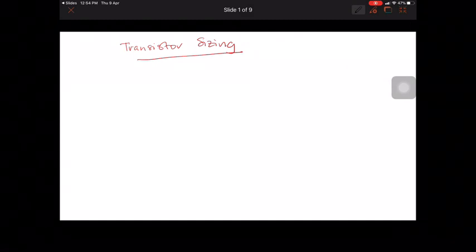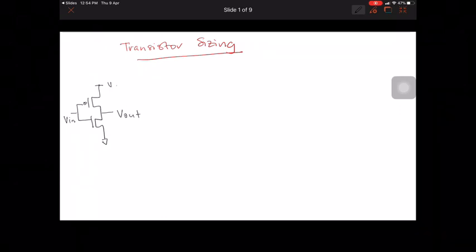Okay, so as you all know, there is an inverter. An inverter consists of a PMOS and an NMOS. We know the truth table of the inverter.